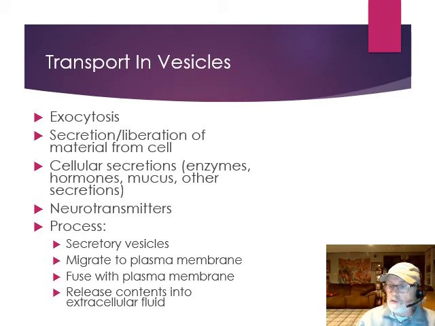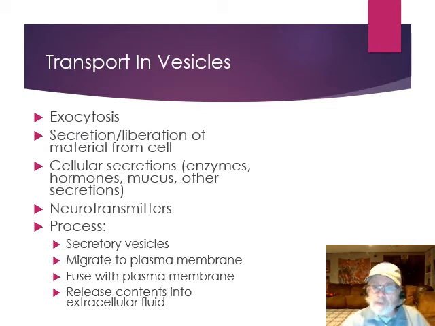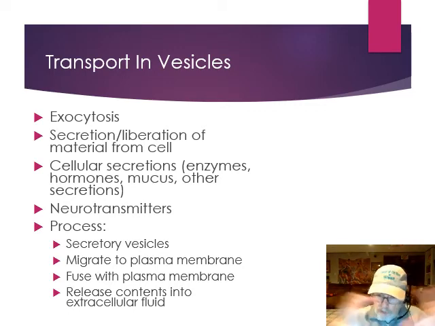Now we have material that we don't want. It could be enzymes, hormones, mucus, other secretions, neurotransmitters, other types of waste products and stuff like that. What happens is the cell makes a vesicle around them. It brings these things together and forms a bubble around them.